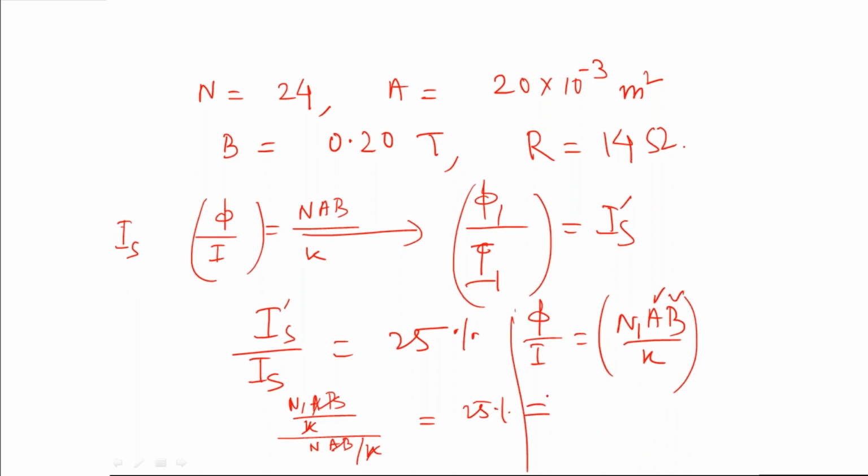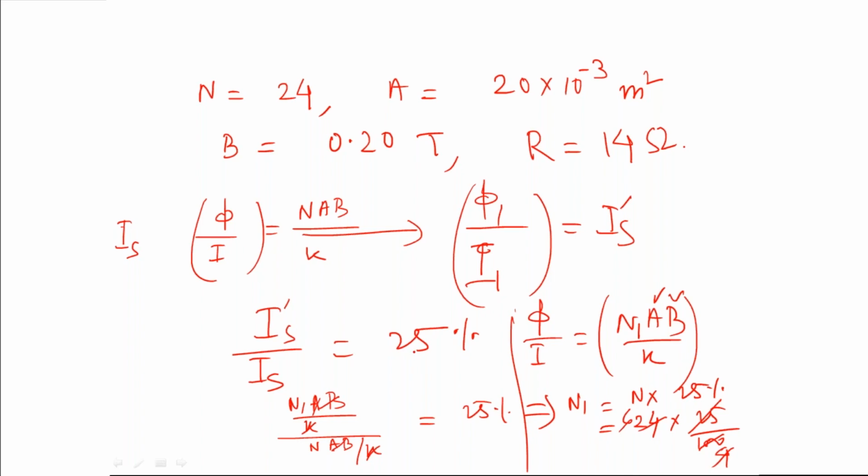So N1 prime will be this into 25. If I write this, N was 24 divided by 2500, this will be 4, this will be 6. So you have to increase by 25%.